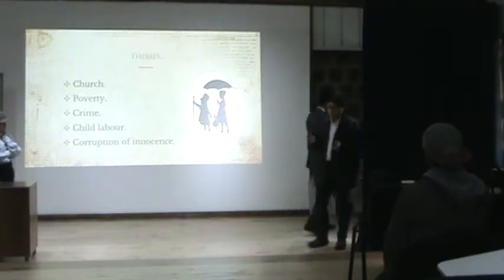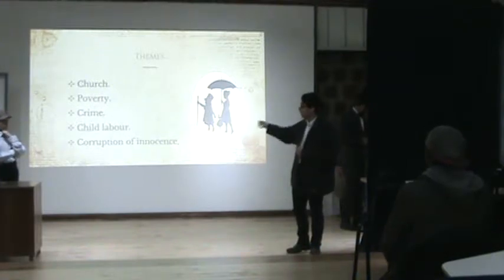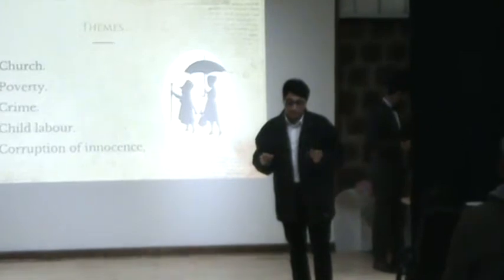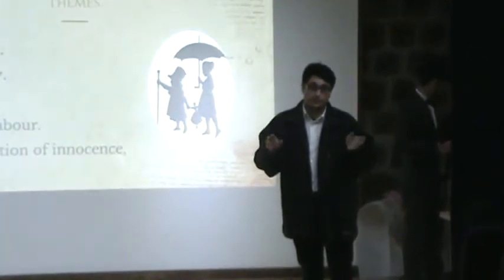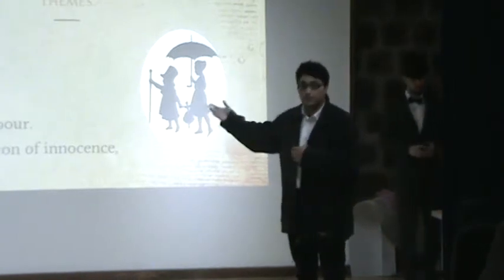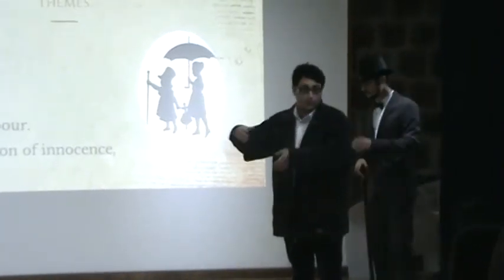I would like to add another interesting fact about child labor. There was a bill about the protection of animals that was enacted before the bill protecting children from working.